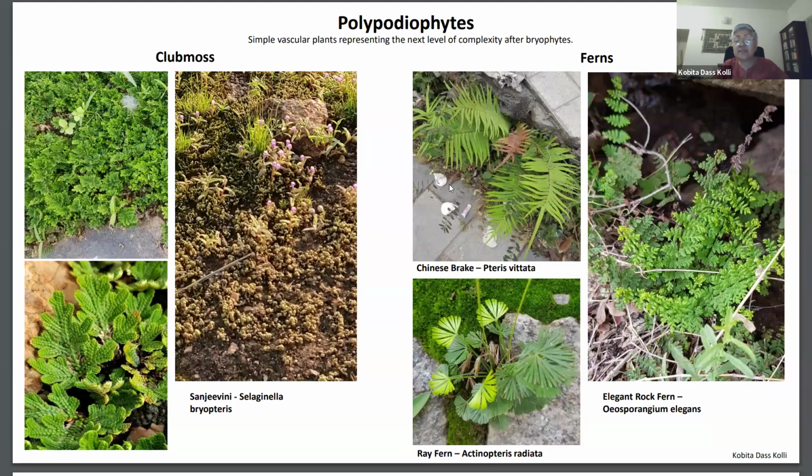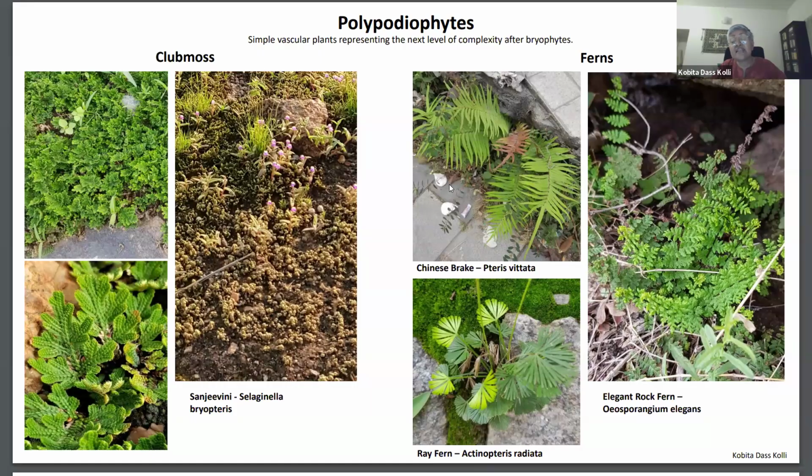Then we have the ferns. Again, they are the simple plant forms. We find a variety of them in rocky areas, but they do also grow on walls in lime plaster. So you can find them near leaky pipes, and walls which have cracks in them and hold moisture, and rocks, and of course forests, any other more moist areas.